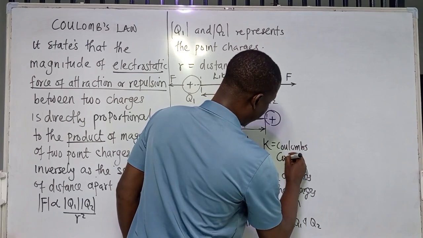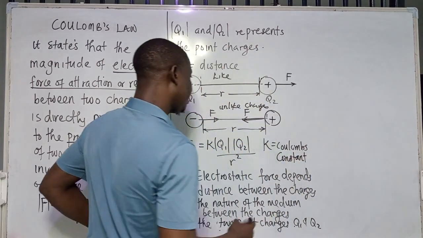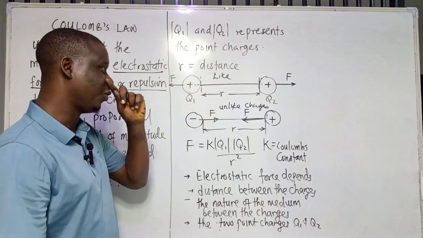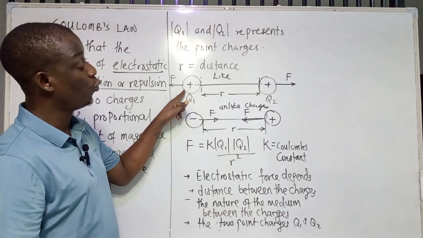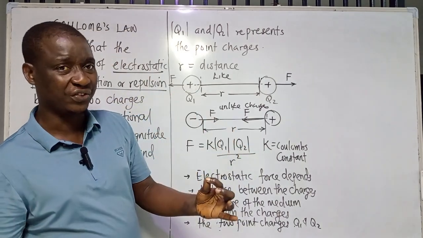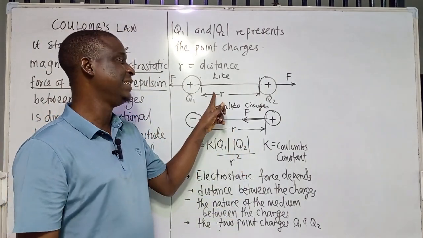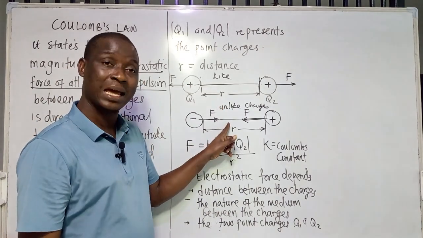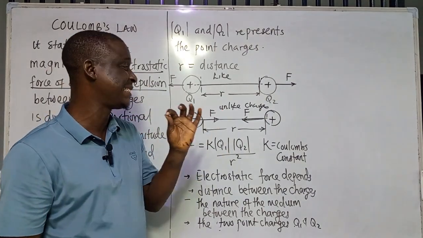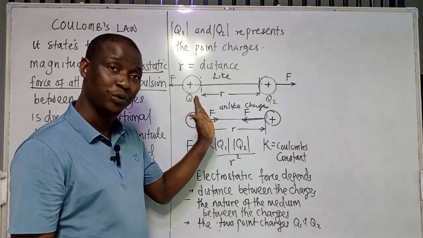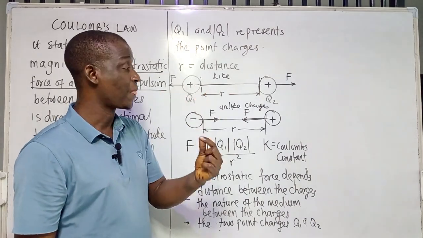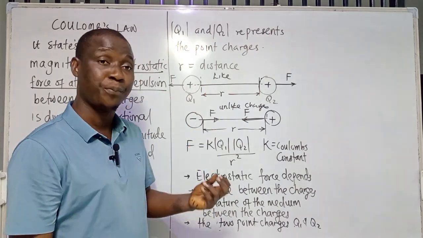Now, one thing you must know: the first law that Coulomb explained was that like charges repel, while unlike charges attract. So there are two natures of forces that exist here, the attractive force and the repulsive force, in this electrostatic field.